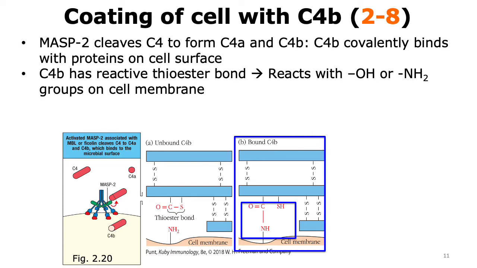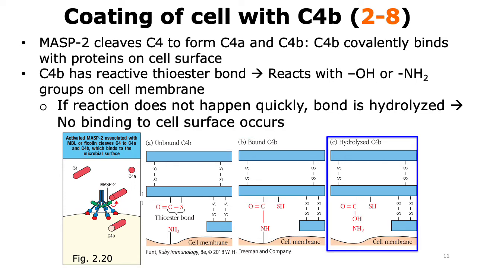Now, this reaction has to happen very quickly, and if this reaction does not happen quickly, then the bond is hydrolyzed, so the bond will react with the surrounding water, and then no binding will occur to the cell surface because the thioester bond has been hydrolyzed.